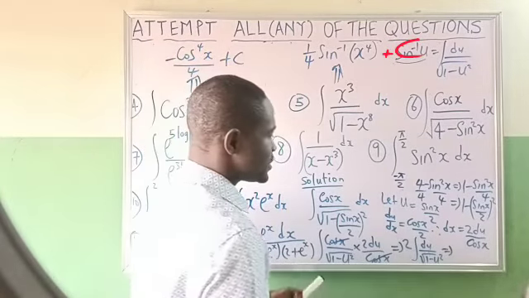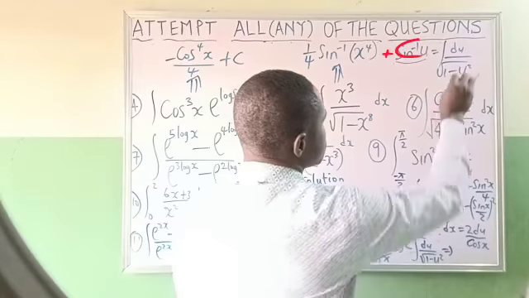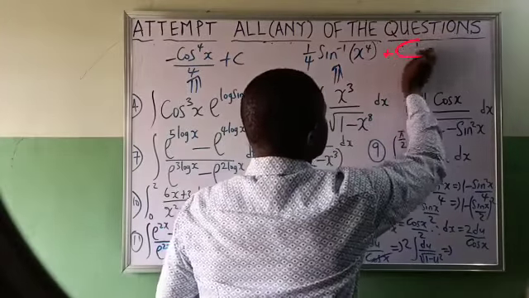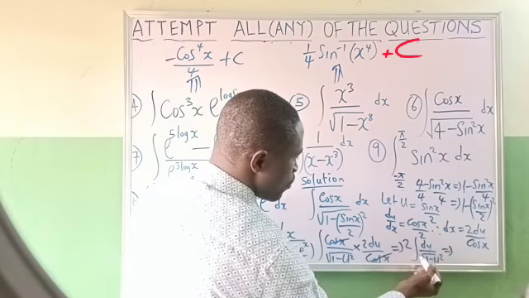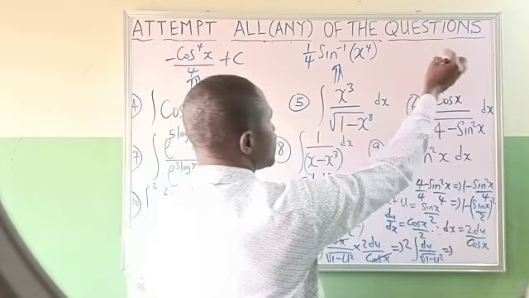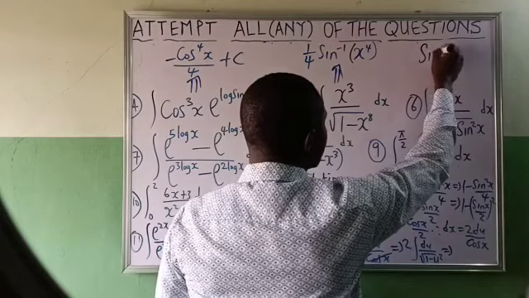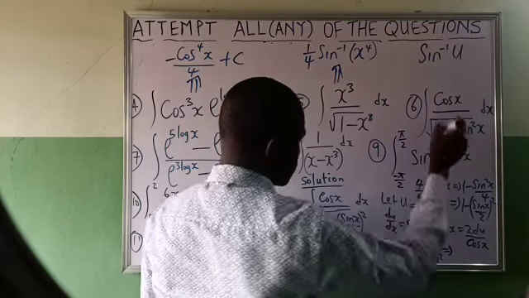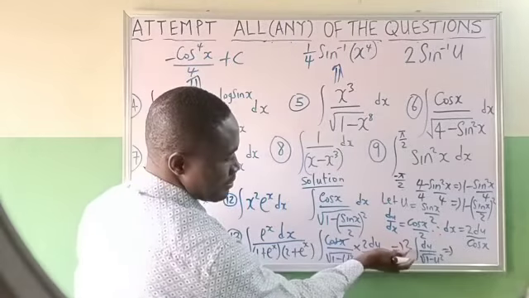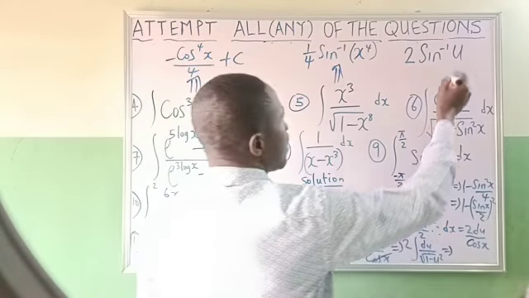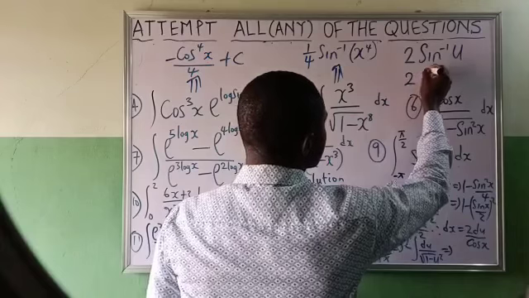So I will now say that integration of du over square root of 1 minus u squared will give me sine inverse of u. Then I'll bring out the 2 and attach it. What is my u?